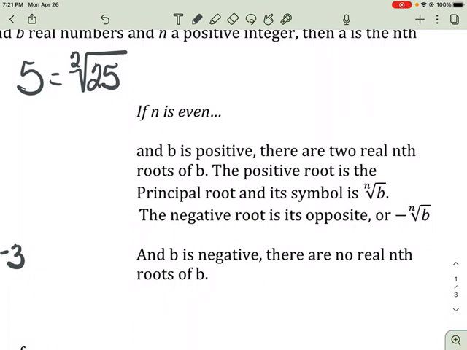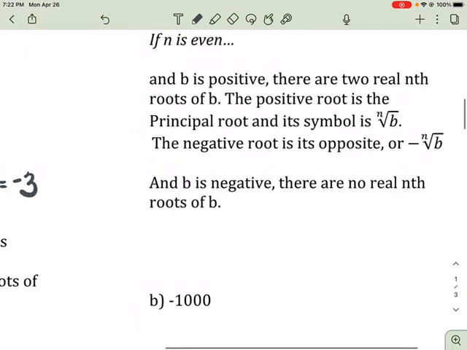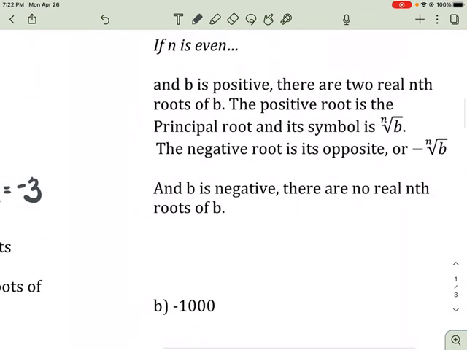And the negative root is the opposite, the negative nth root of b. If the radicand is negative, there's no real nth root of b. So if you're going to take the fourth root of 81, you're going to get plus or minus 3.